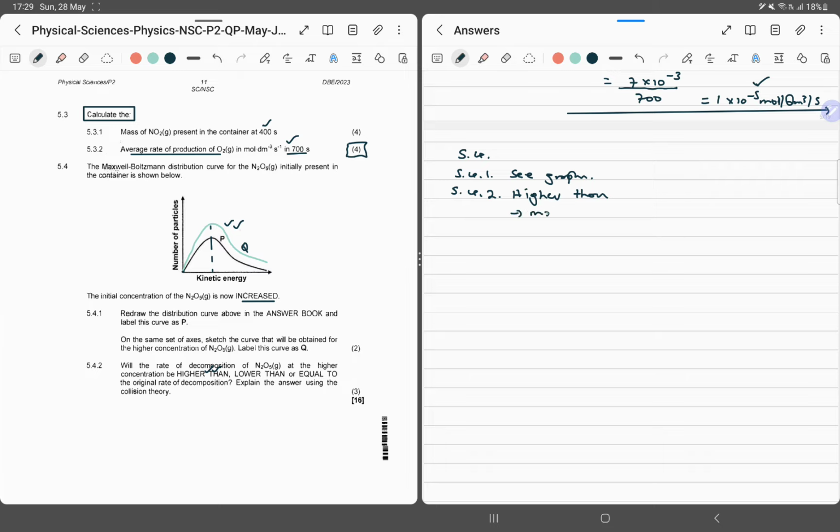You can just say more molecules in the container yields more regular effective collisions between the particles.